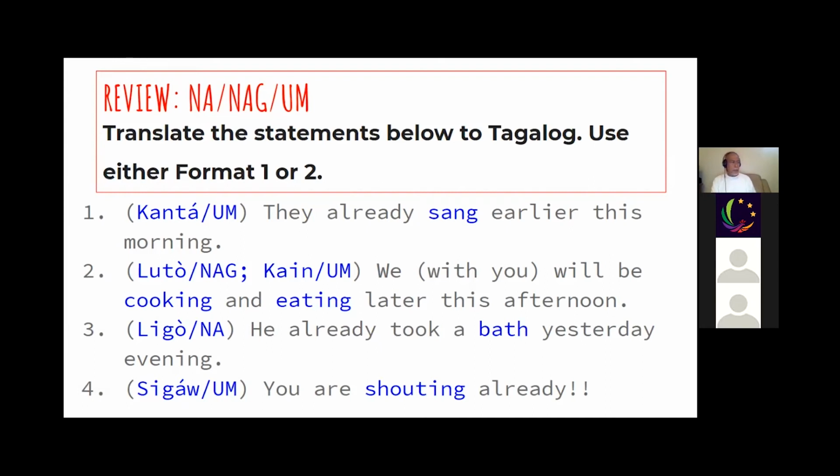I would suggest you get used to format 1, which is starting off the statement with the action. And when you start with the action, you follow with the pronoun. Just give me the thumbs up if you're ready.